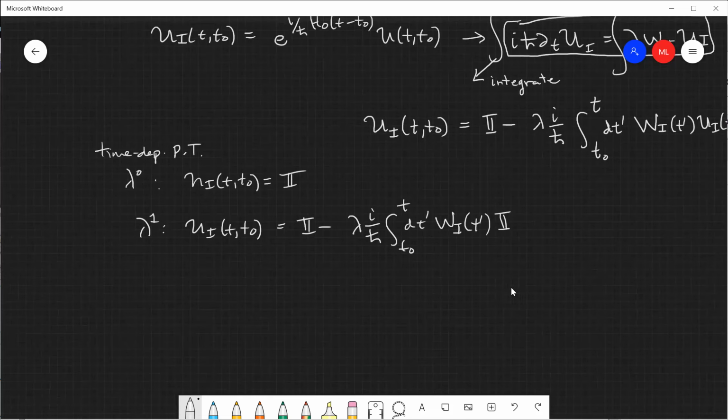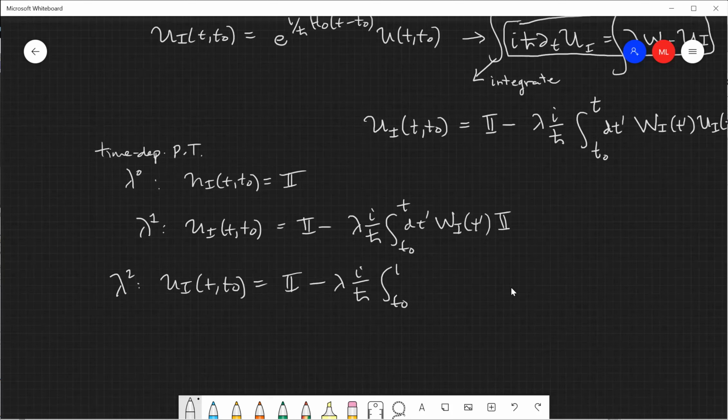And we can keep going. Of course, at lambda squared, we would put in this entire expression into our integral. So, okay, let's do the next step, I guess. So we have our first two corrections, identity minus i over h bar, integral from t_0 to t prime.